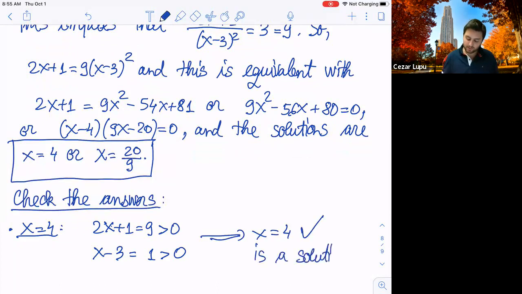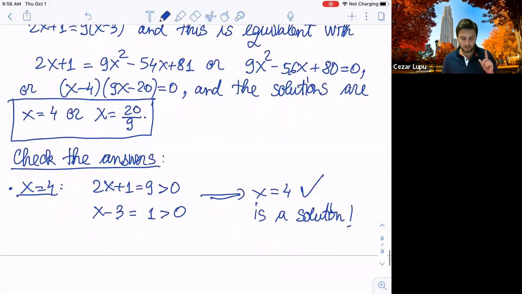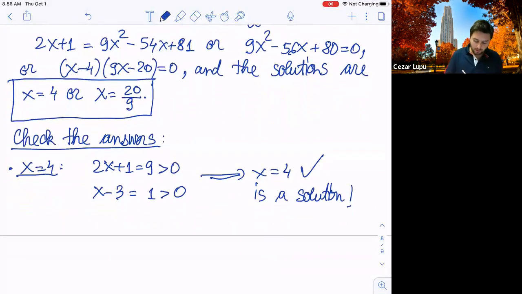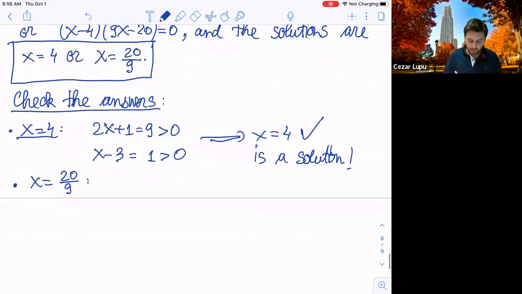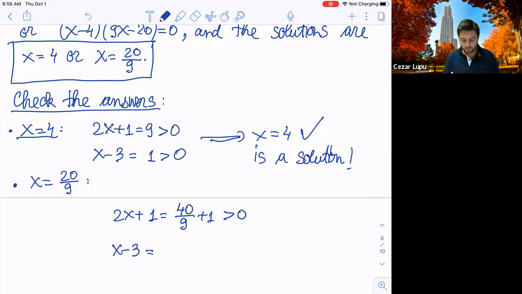But now let's see what happens with the other one. So we always need to check these solutions. Keep in mind this. Let's see what happens when x equals 20 over 9. In this case, 2x plus 1 equals 40 over 9 plus 1, which is positive, so no problem. But in this case, x minus 3 is 20 over 9 minus 3.